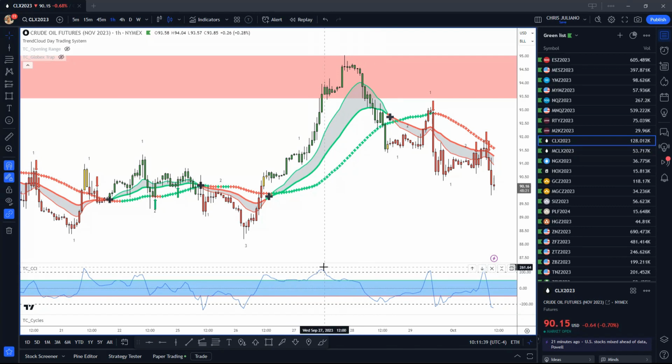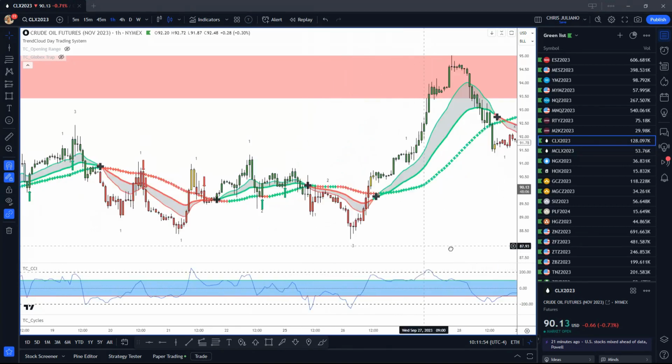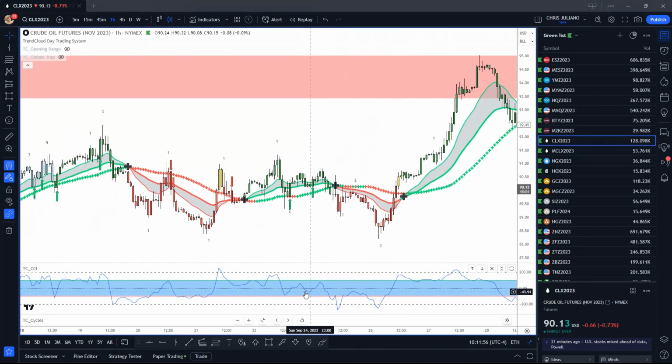Strength to the upside, over positive 200, rip to the downside, breaks below negative 100, and then rips back above positive 200. Okay, so we're getting these extremes on crude oil, right? Rip to the upside, pulls back.